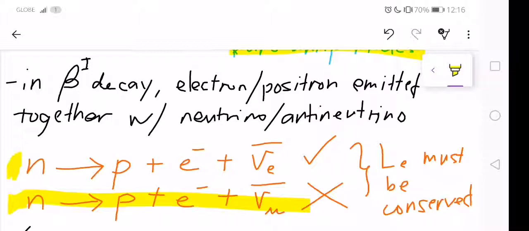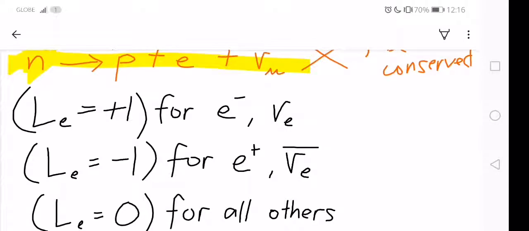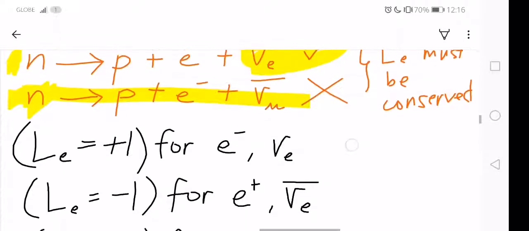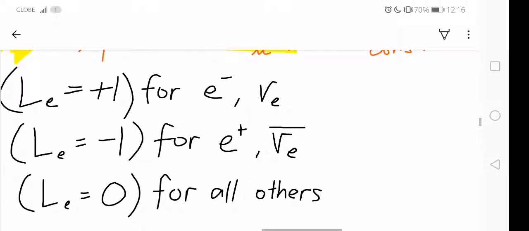The lepton number from the initial state to the final state must be conserved. In the first reaction, the lepton number is conserved. So let's account for the lepton numbers in this reaction. Initially, for a neutron, its lepton number is 0.